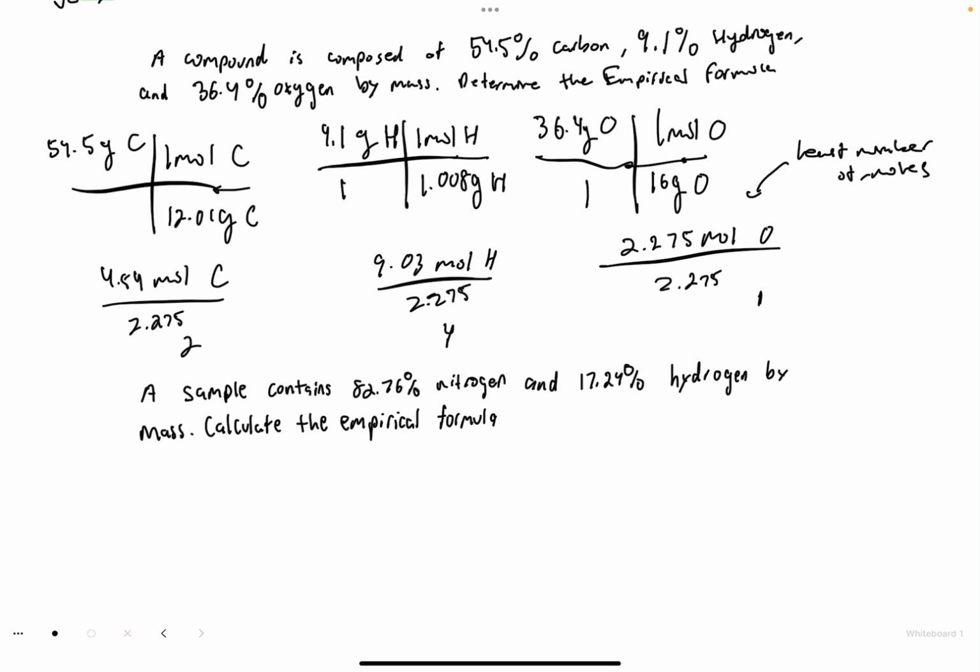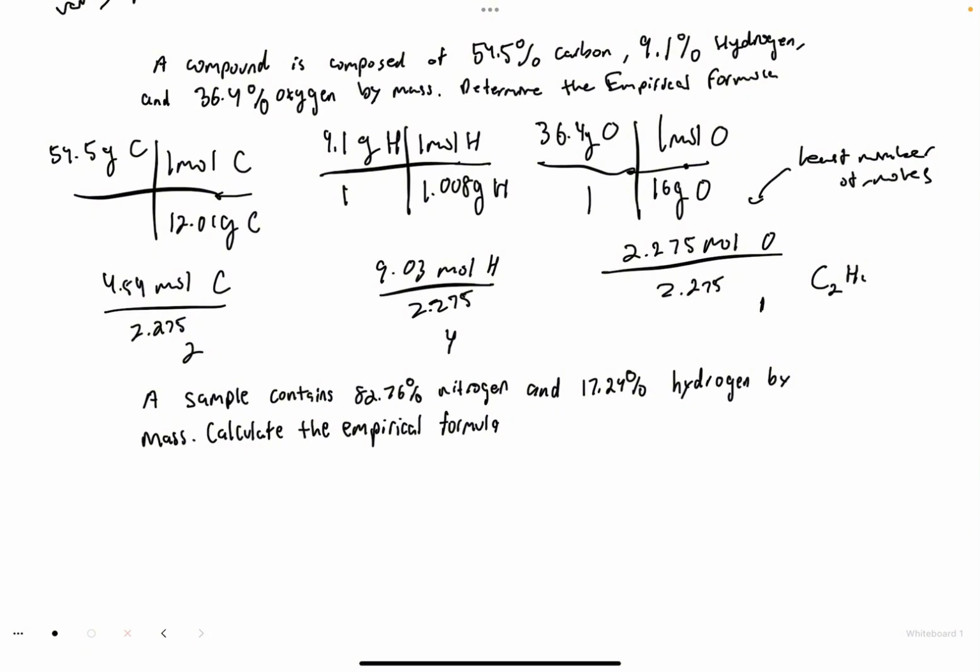And then obviously this one gets me 1, so it's going to be 2 carbons, 4 hydrogens, and then it's going to be 1 of these oxygens. So that would be my empirical.